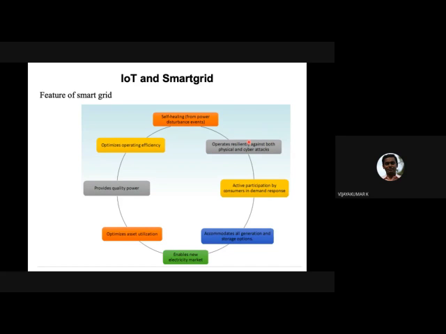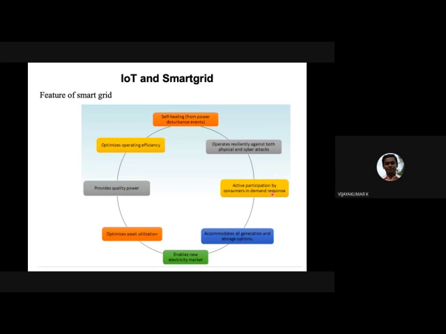When we are making the system, we again have a lot of cyber security issues, so we have to make this system free of cyber attacks. We have to take care of that by incorporating cyber security techniques. And here, active participation by consumers in demand response.